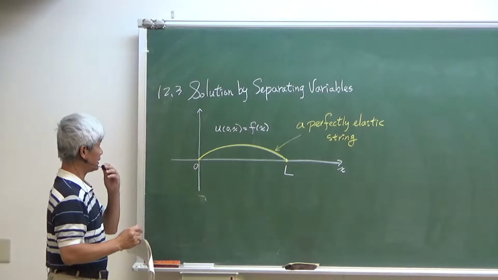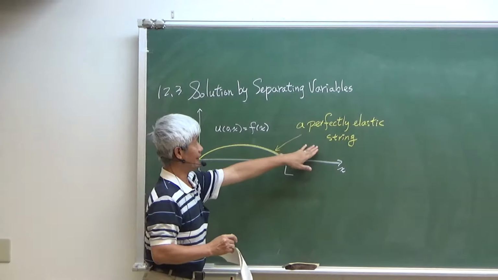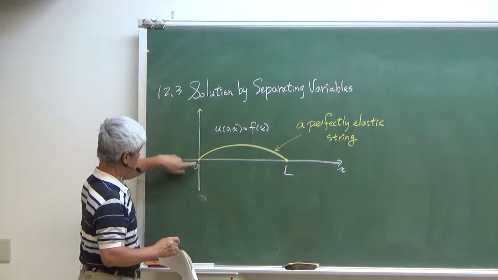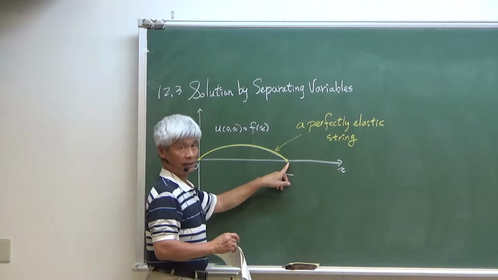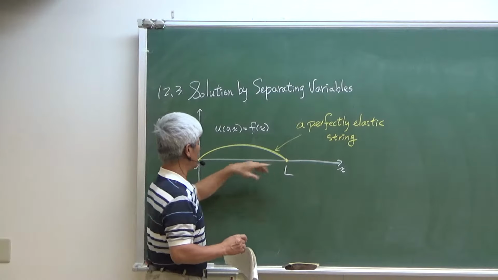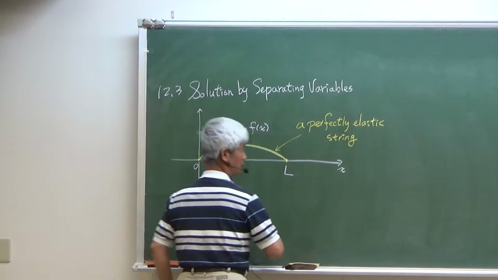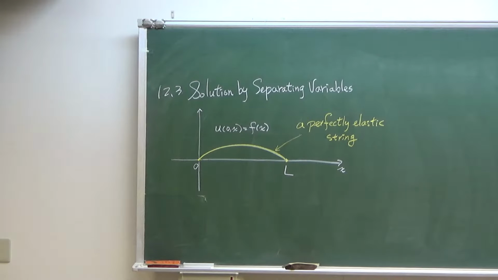We'll consider a perfectly elastic string, fastened at 0 and L. And f of x is the initial deflection of the string.